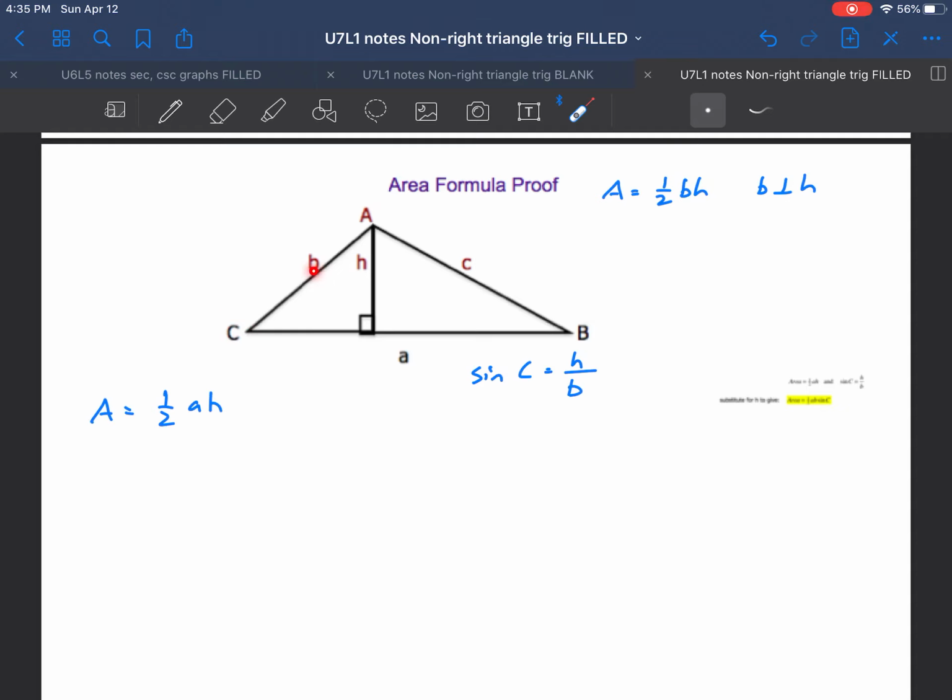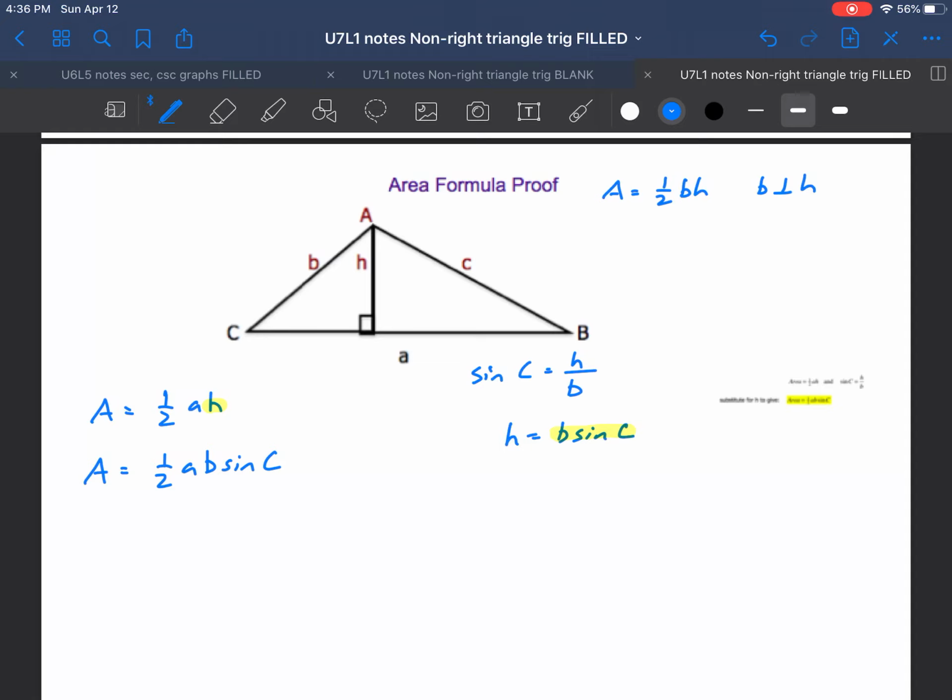If I solve that for h, I move the b over, so h is equal to b sine c. Then basically we have the proof. I'm going to put this right in there, so this b sine c can go right in there. That means the area is equal to 1/2 a b sine c.